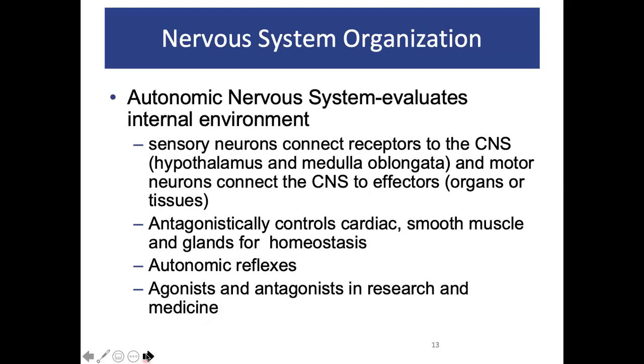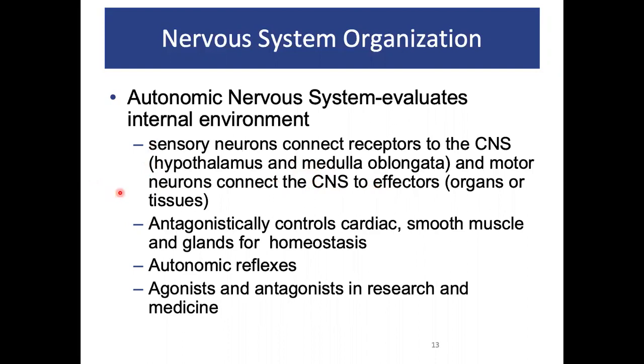In contrast, your autonomic nervous system regulates or maintains homeostasis in your internal environment. For example, the sensory nerves are going to evaluate what's going on in the organs and in the tissues. They're going to send a signal to your integrators, your hypothalamus, your medulla oblongata. And then the motor nerves connect from the central nervous system to the effector organs.